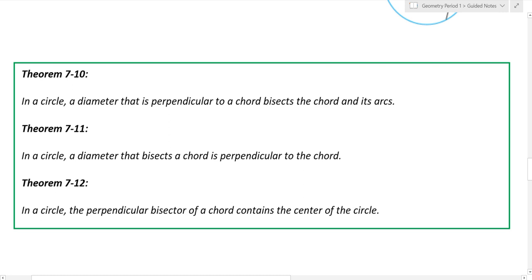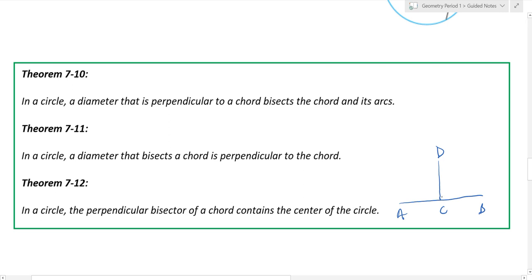All right, one term that I want to review a little bit is perpendicular bisector. A perpendicular bisector is when two lines, segments, or rays happen to intersect. Let's say, for instance, this is A, B, this is C, and this is D. If DC happens to be a perpendicular bisector, two things happen.